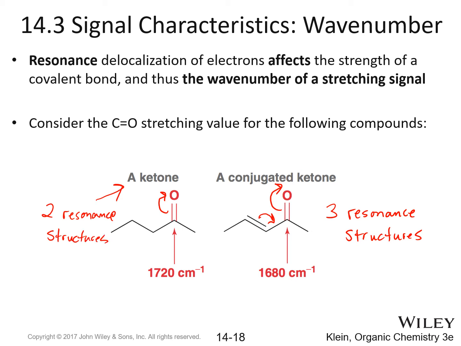And remember, the conjugation stabilizes the charge and spreads that charge out over more atoms. In this case, we're spreading the electron density from the pi bonds out over multiple atoms.